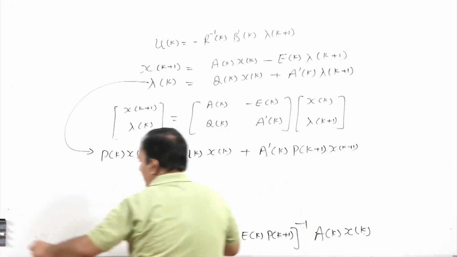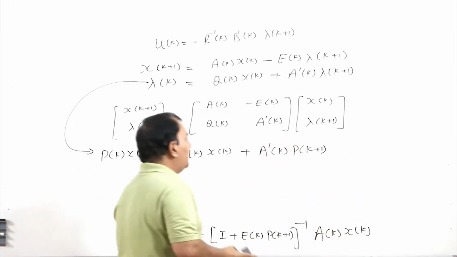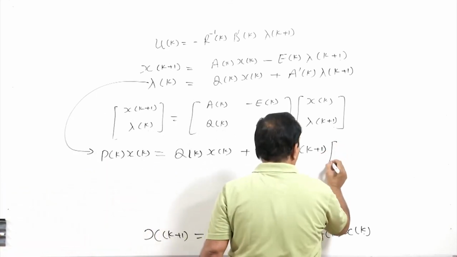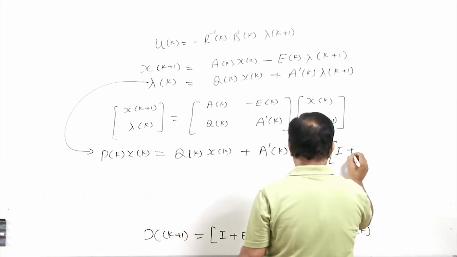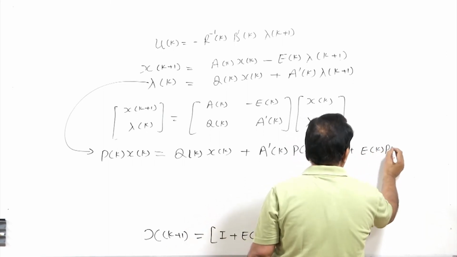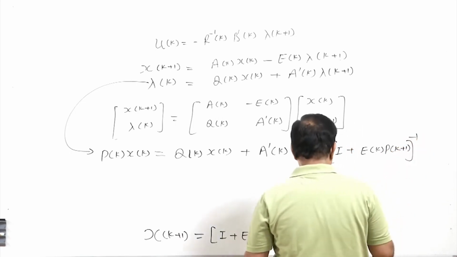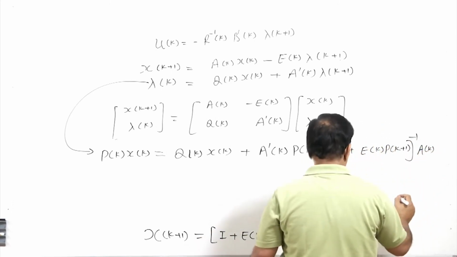So, this x k plus 1 I am replacing with I plus E k P k plus 1 inverse A k x k.